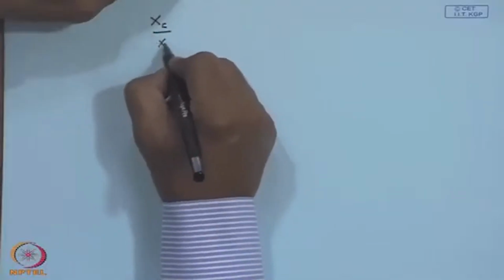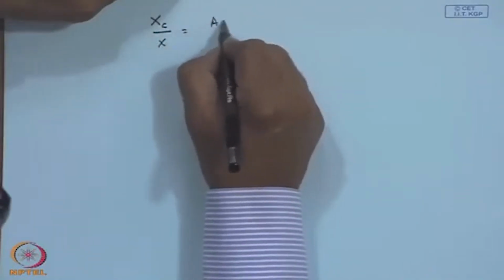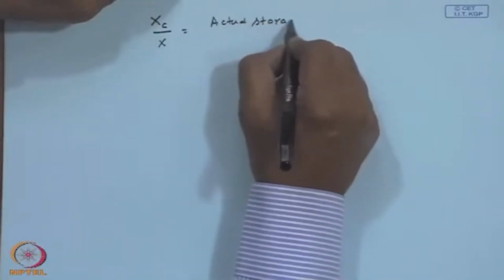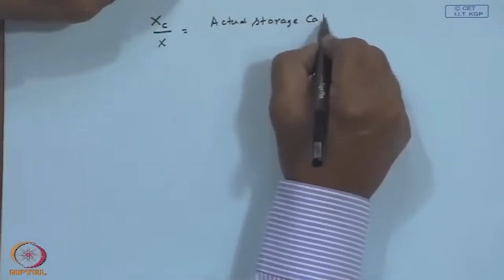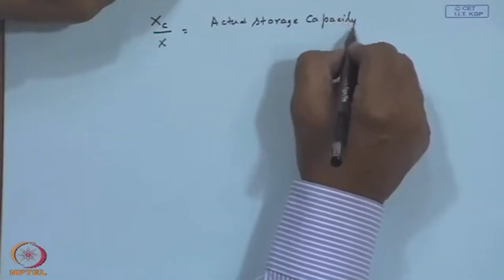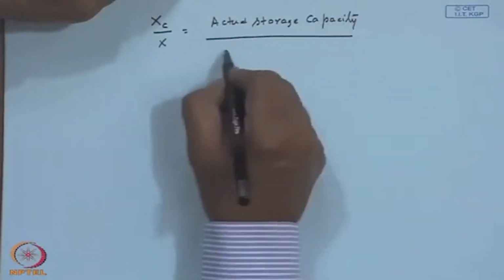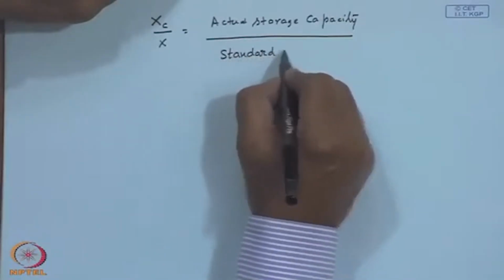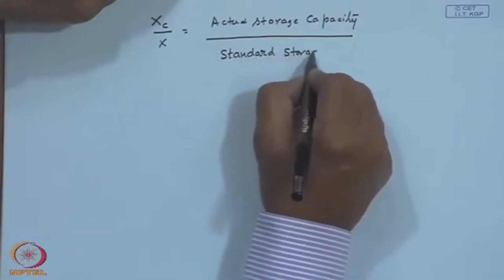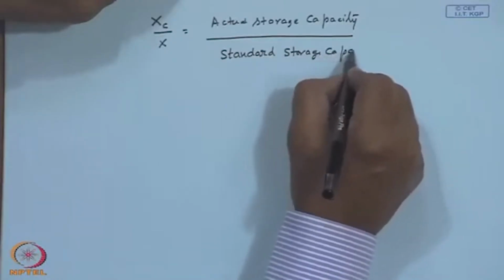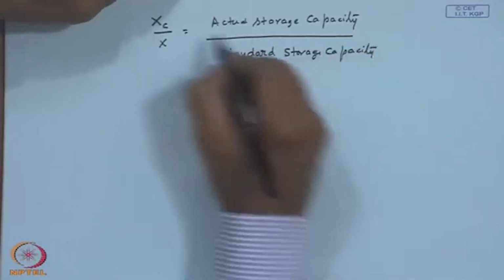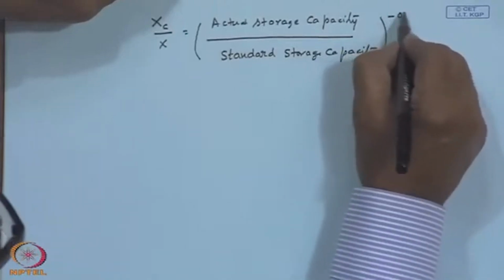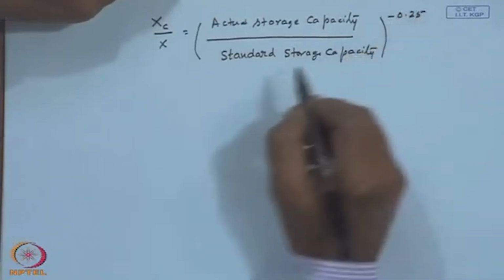X c upon x is the actual storage capacity by the standard storage capacity, to the power minus 0.25.